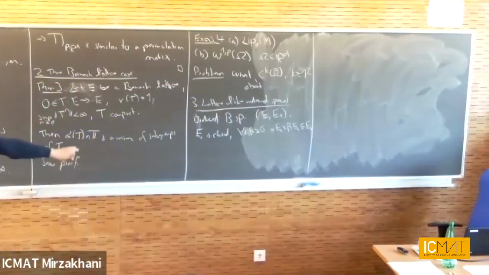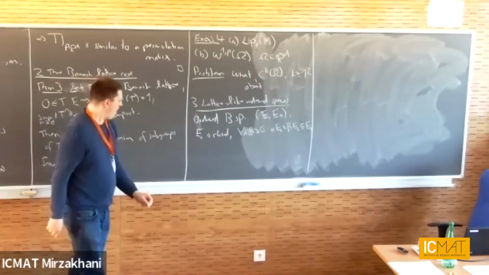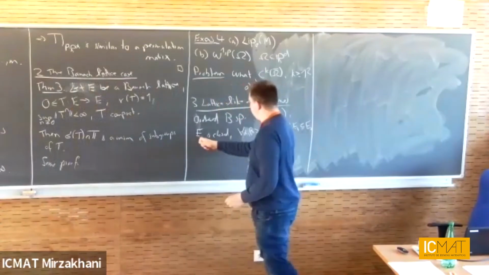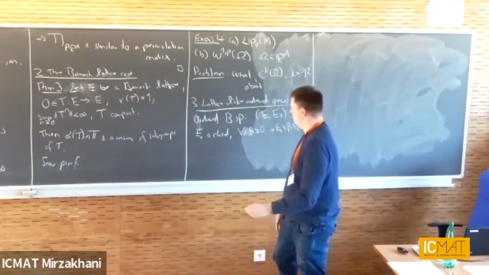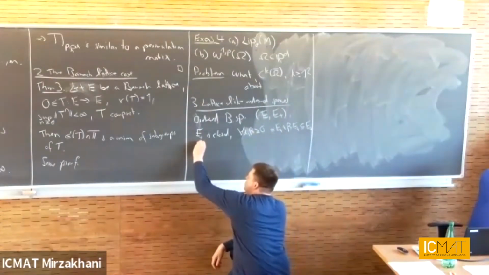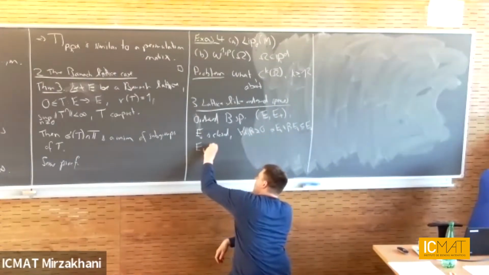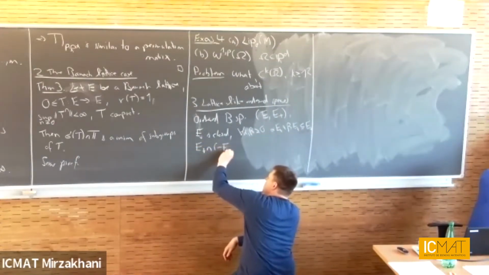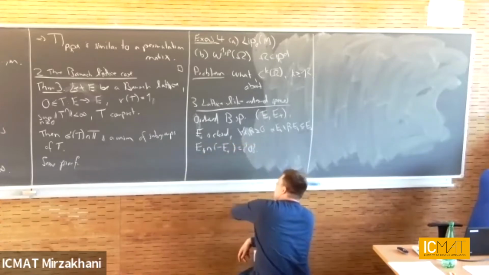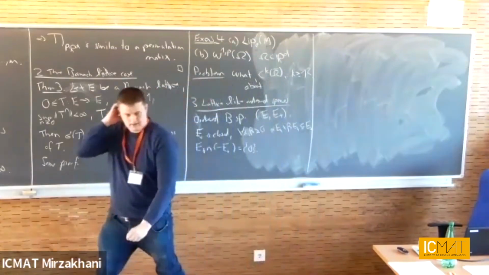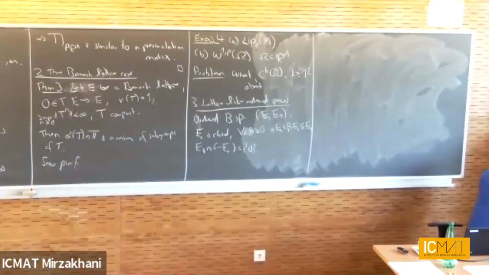For instance, the entire space would satisfy this, but I do not want the entire space. I want that E plus does not contain any infinite lines in both directions. What I have to do to ensure that this does not happen is I have to require that the cone intersects minus the cone only in 0.